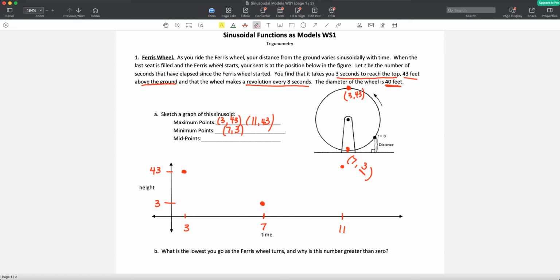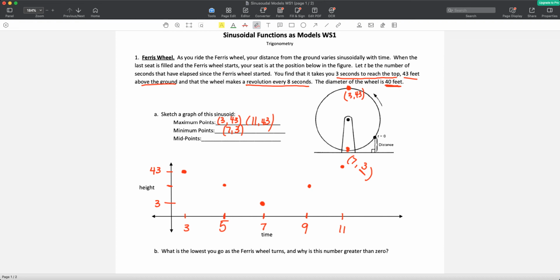Now we need these middle points here. So I know I'm going to have a point right in between 3 and 7 and right in between 7 and 11, and it will be right in between those two values as well. So we need to find them. And remember, they're not always perfect whole numbers. So when I add 3 and 7, I get 10. Divide that by 2, that is 5. Add those up, 18 divided by 2 is 9. Now the same thing here. When I add 43 and 3, I get 46.